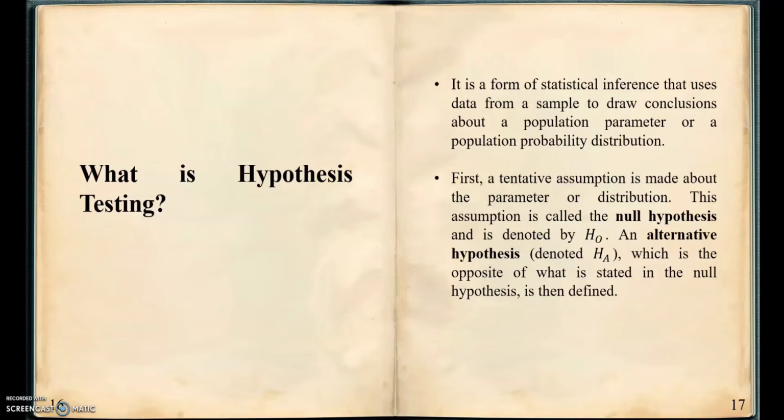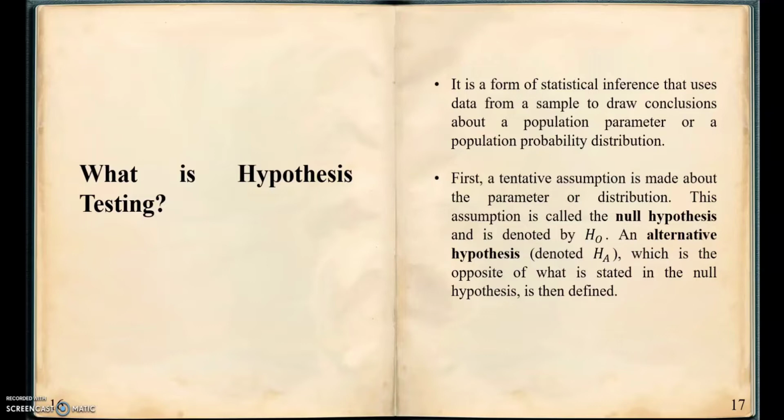First, a tentative assumption is made about the parameter or distribution. This assumption is called the null hypothesis, and it is denoted by H sub 0. And an alternative hypothesis, which is denoted by H sub A, which is the opposite of what is stated in the null hypothesis.